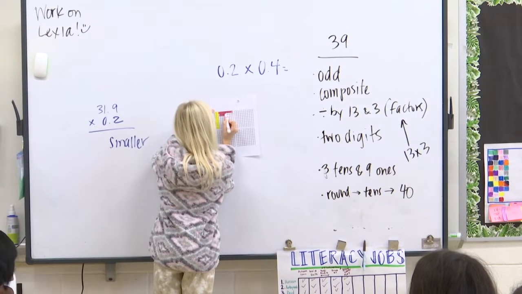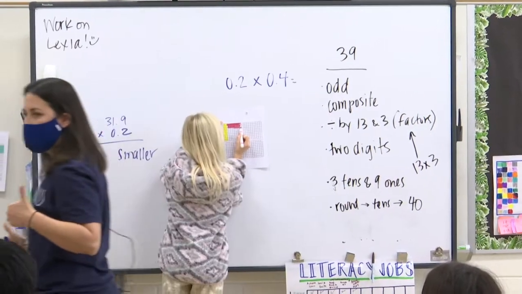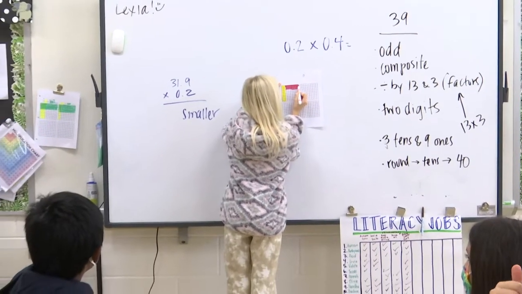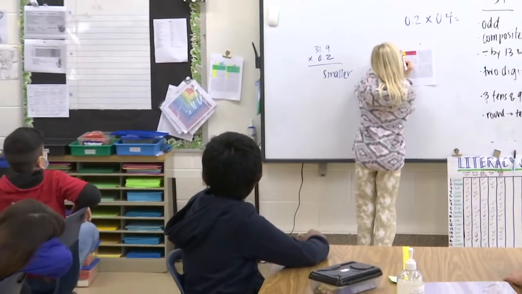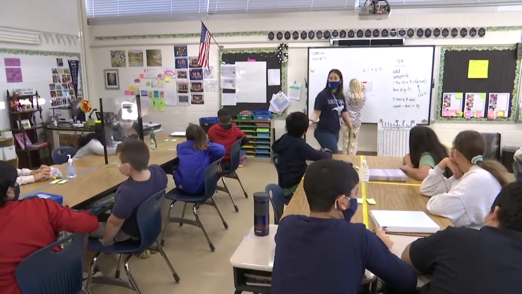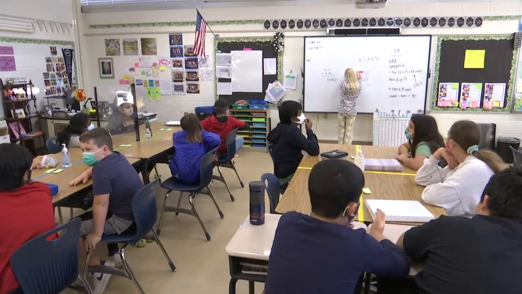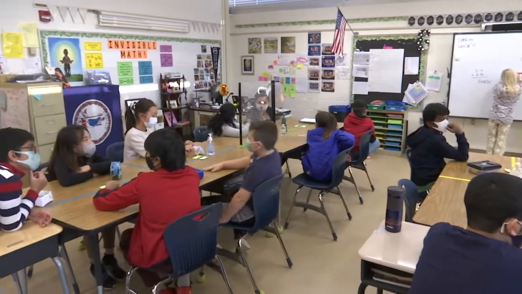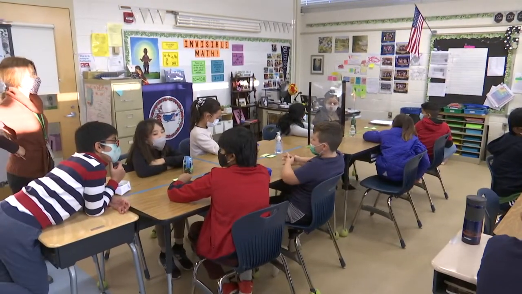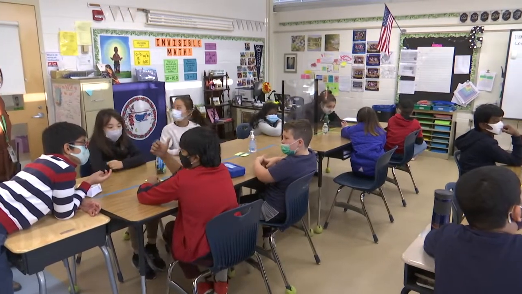Do you guys know what the answer is going to be? Give me a thumbs up if you know the answer. All right, while she's finishing coloring, turn and talk at your table and decide what the answer is going to be. And don't let us trick you. I'm trying to trick you. What is it actually going to be? And will you trace around where it overlaps for me when you're done?